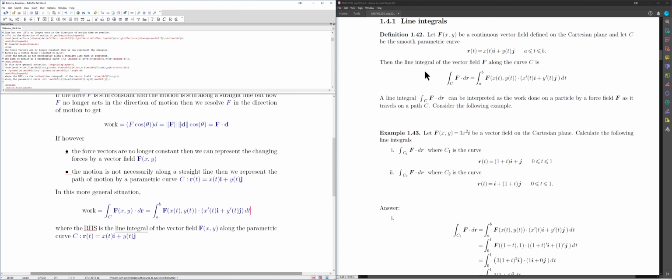So how we're going to work out the line integral is using this definition over here. I rewrote it here because this has a little more detail.